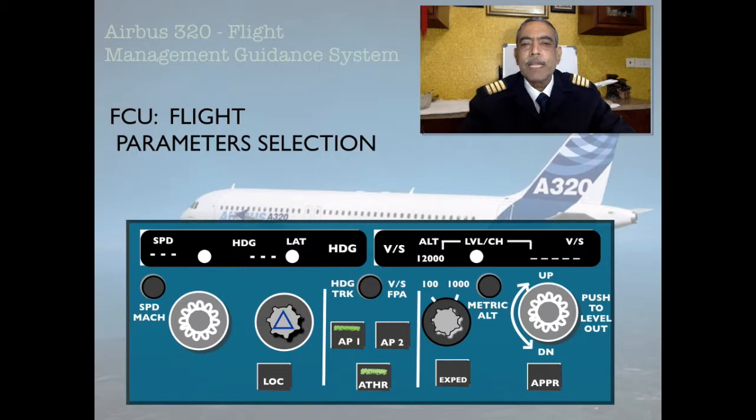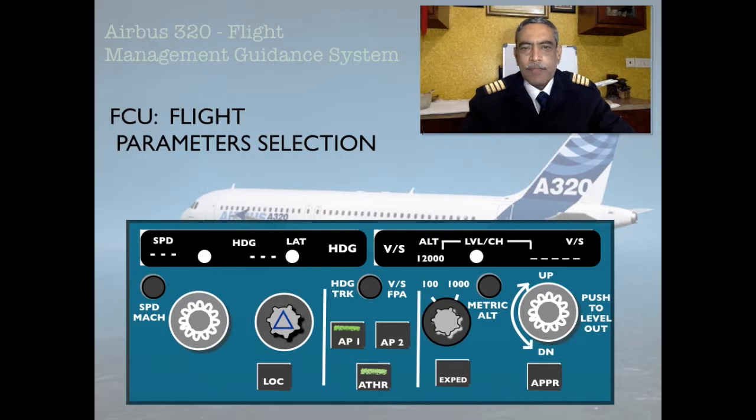When this button is pushed, there is a green line that is highlighted, as here it has been highlighted in the option of AP1 and auto thrust. When the pilot wants to fly the localizer only, he can press this and it will be highlighted and the aircraft will be directed on only the localizer.